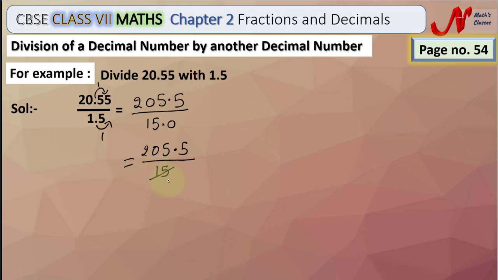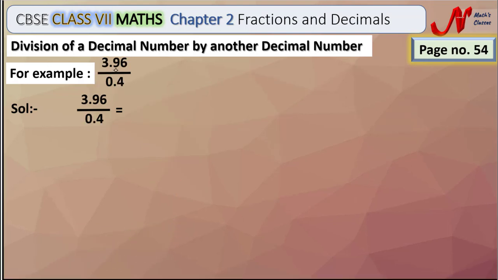So by cancelling, 5 threes are 15, 5 fours are 20, 5 ones are 5. By cancelling, 3 ones are 3, 3 ones are 3, remaining 1, 11 remaining, 3 threes are 9, so 2 remaining, 20, 3 sevens are 21, so we get 13.7. Therefore 20.55 by 1.5 is equal to 13.7.